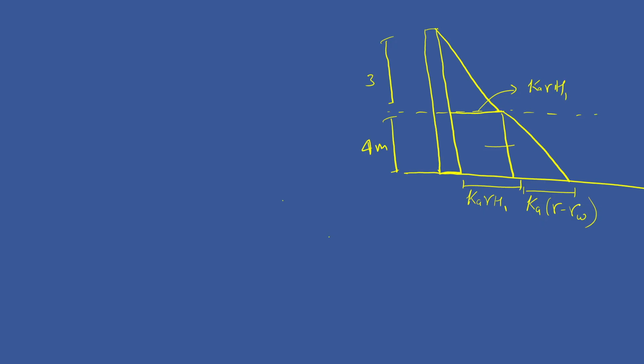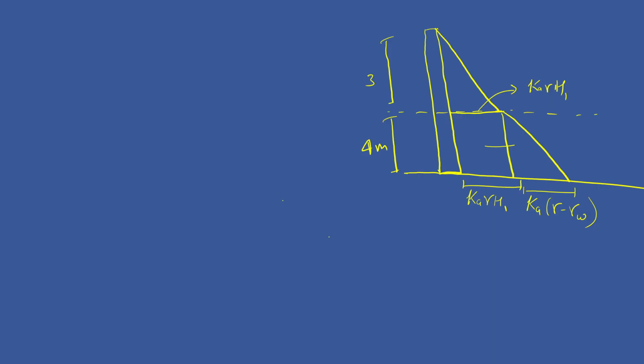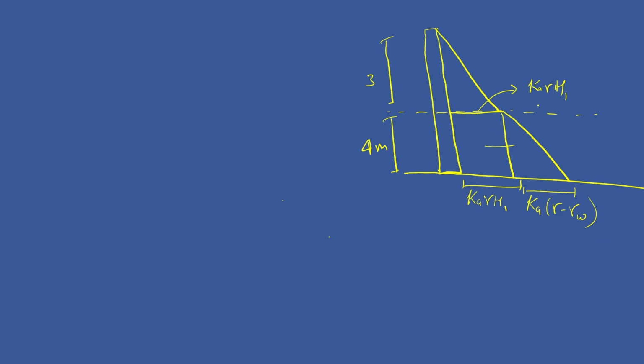Since the friction angle is the same for both, above also it's k. Yes, it's 25 degrees and this is 25 degrees. Here I can take gamma 1, and here gamma 2, and then you need to take h2.